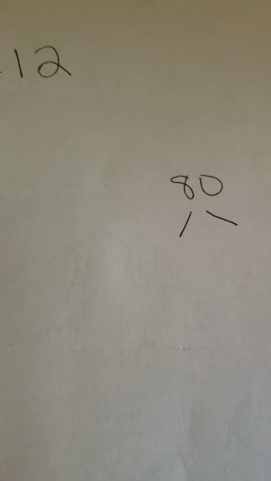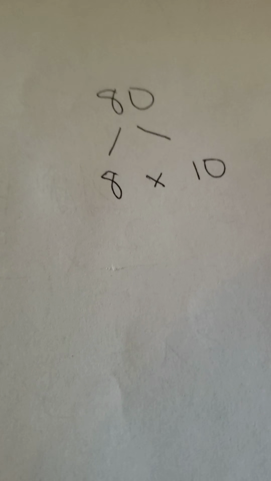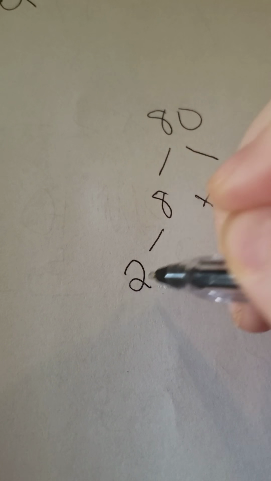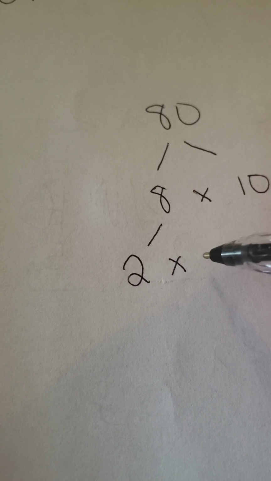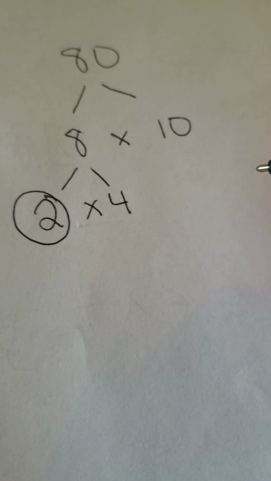One of the things I thought about doing is just doing a fact family. So I know that 8 times 10 gives me 80. I know that 8 can break down into 2 times 4. And remember, if we can't break down a number, we kind of circle it.